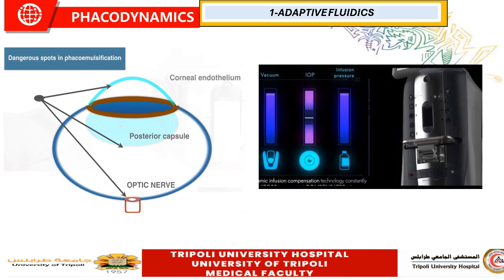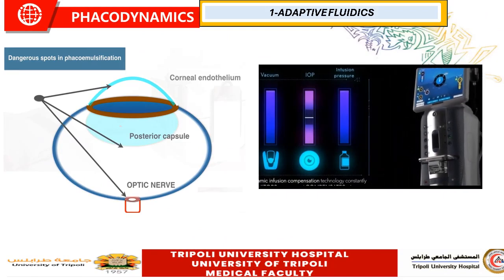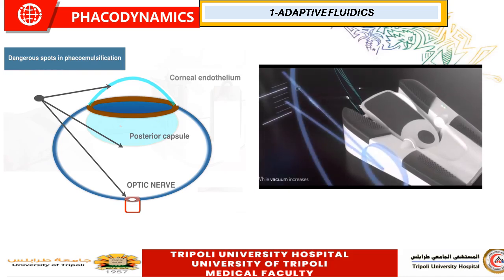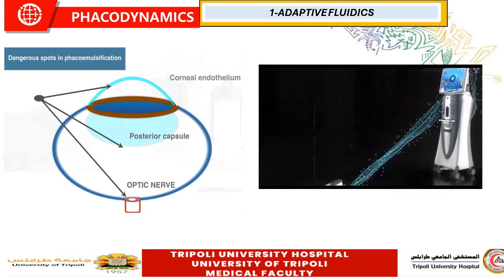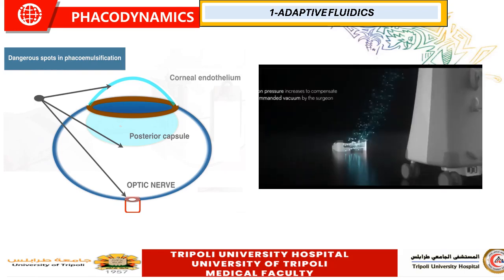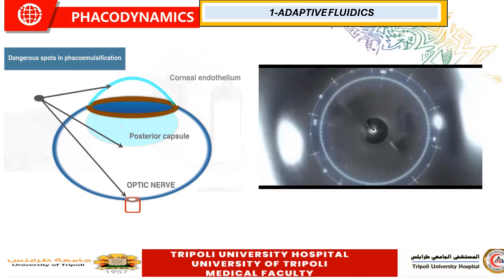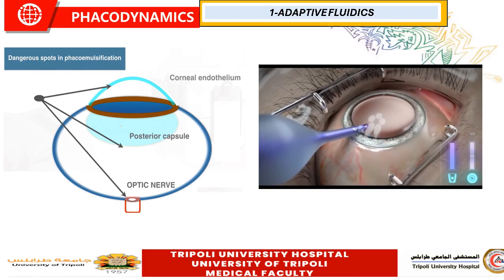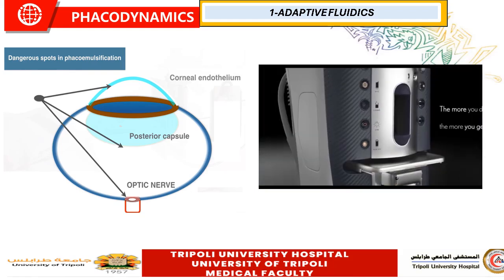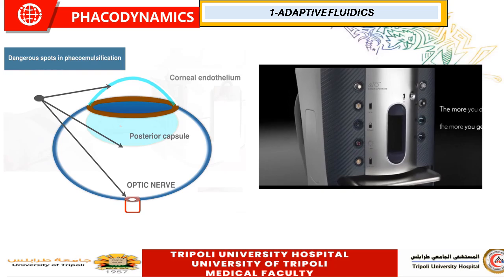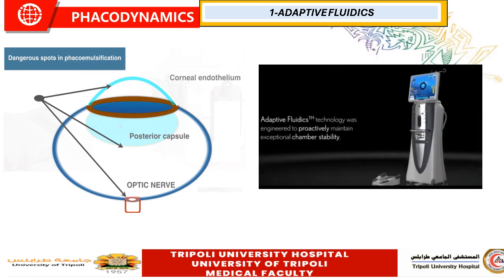Now, the first type of pumped infusion or pumped fluidics is the adaptive fluidics. This adaptive fluidics was invented by Bausch and Lomb in the Stellaris Elite Vision Enhancement System, and it is based on the principle that the system will proactively anticipate the fluctuation of the pressure within the anterior chamber, and accordingly it sends a signal to inject air in the infusion bottle so that the pressurized irrigation fluid will enter the anterior chamber.